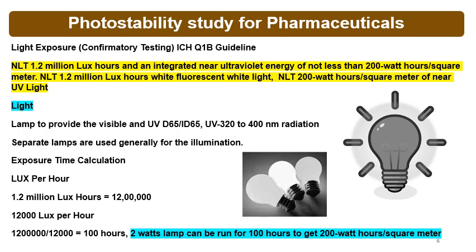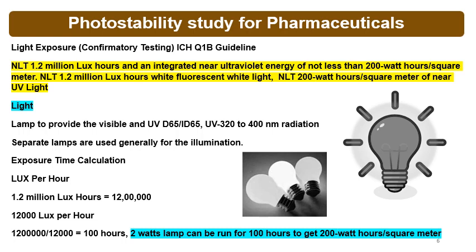The light exposure requirement is given as per the ICH Q1B guideline, and it requires an exposure of not less than 1.2 million lux hours. Lux is a unit of light. And an integrated near ultraviolet energy of not less than 200 watt hours per square meter.